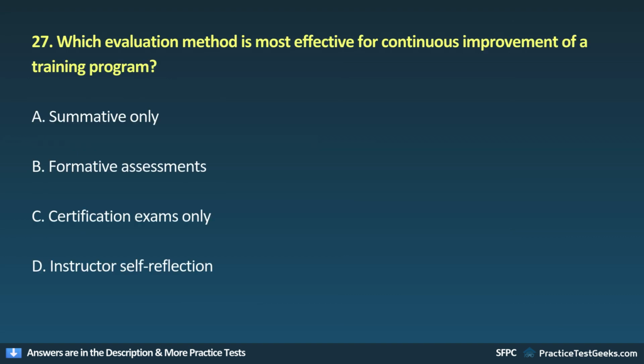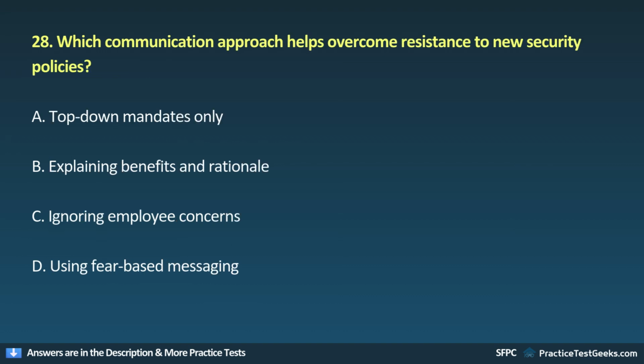27. Which evaluation method is most effective for continuous improvement of a training program? A. Summative only. B. Formative assessments. C. Certification exams only. D. Instructor self-reflection. 28. Which communication approach helps overcome resistance to new security policies?